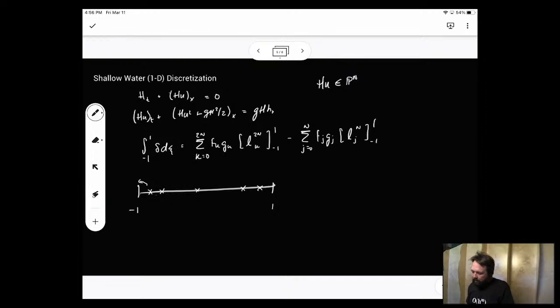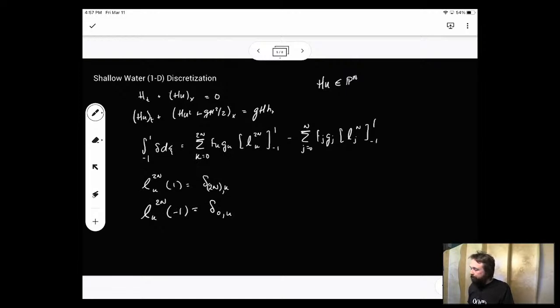Okay? What ends up happening though, for the Gauss-Lobatto points, so for this guy, L_{2n,k} of 1, it's going to have a Kronecker delta property with the endpoint. So it'll be Kronecker delta 2n comma k. For the left endpoint, at -1, we get Kronecker delta 0 comma k.